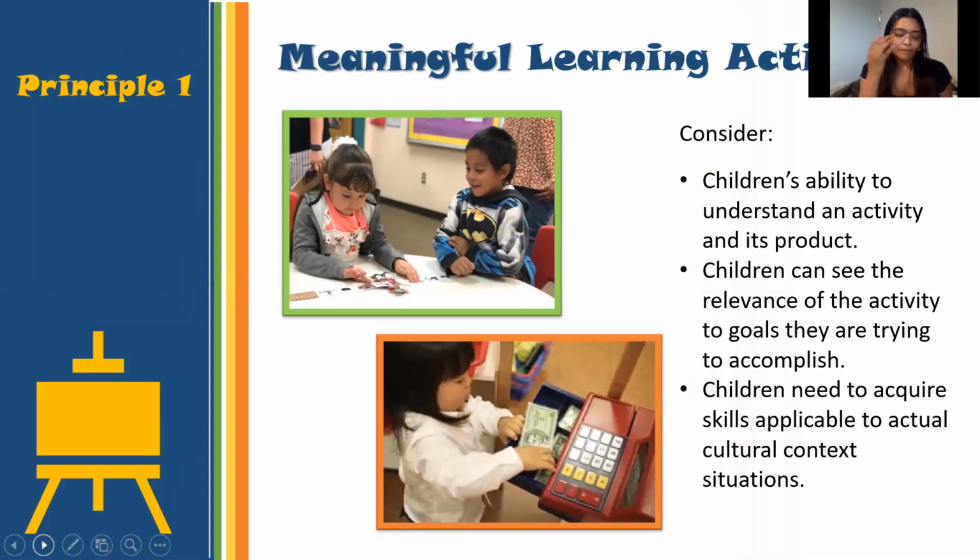So here it's very important to consider the relation between the learning process and the children's ages, because it affects the children's ability to understand an activity and its products. When children have clarity on how to do things and what the end is, it's easier for them to engage in the activity.